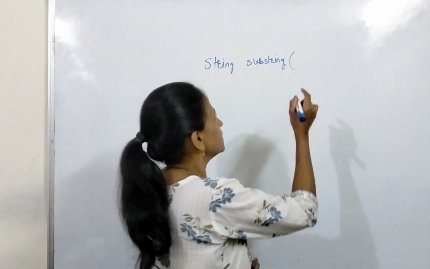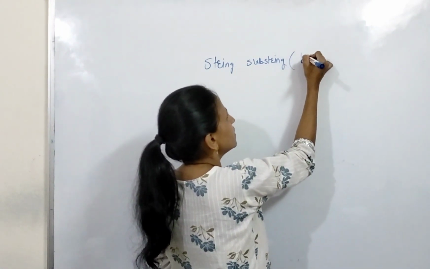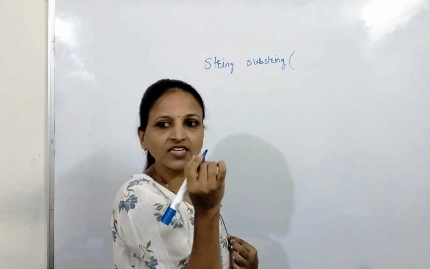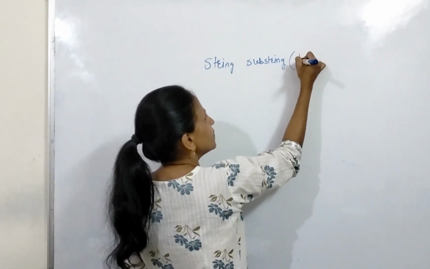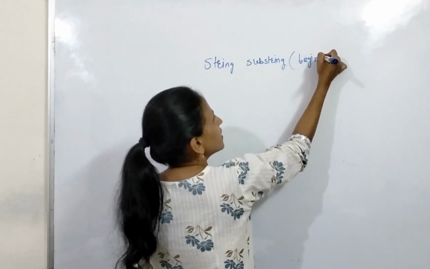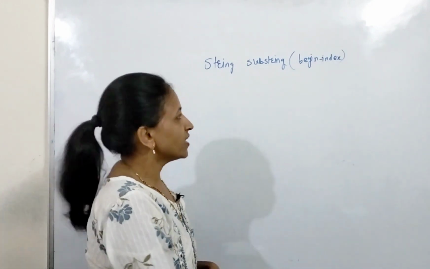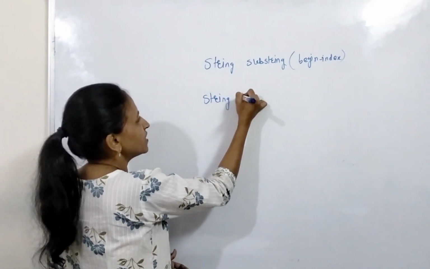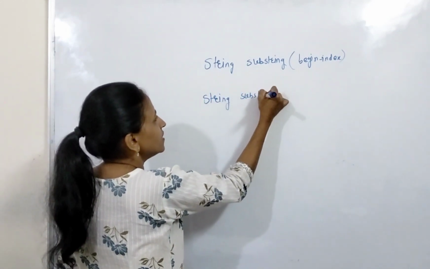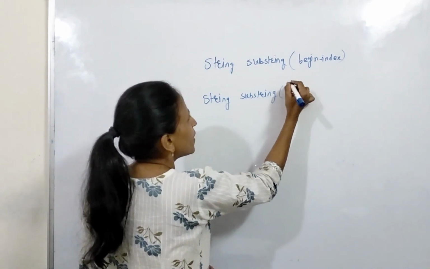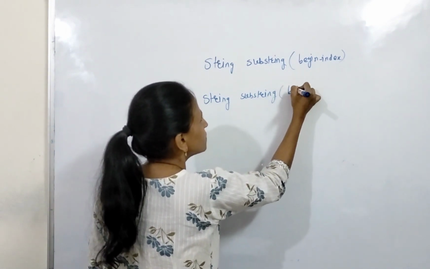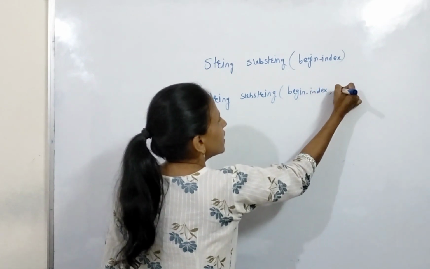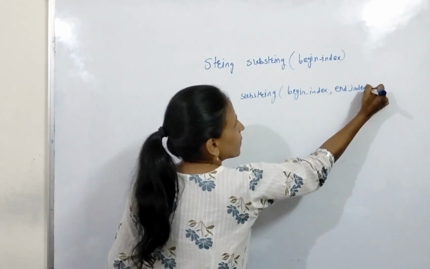You can write begin and end, or start and end, anything. The second form is again a string, method name substring, and here you have to pass two indices: the begin index and the end index.